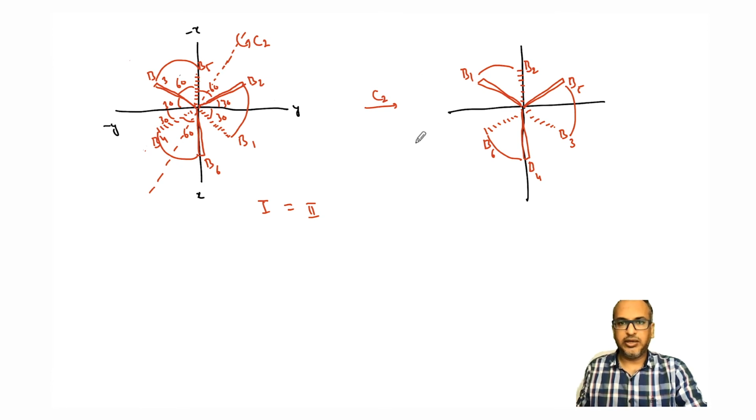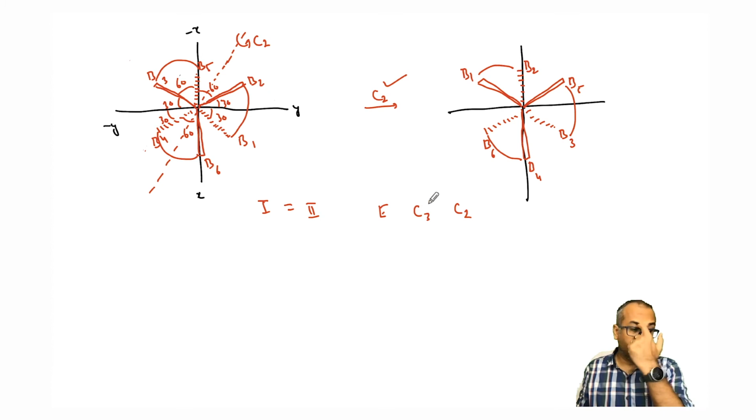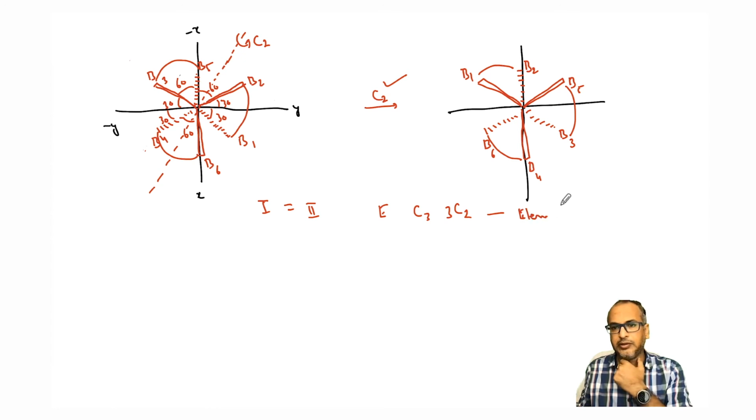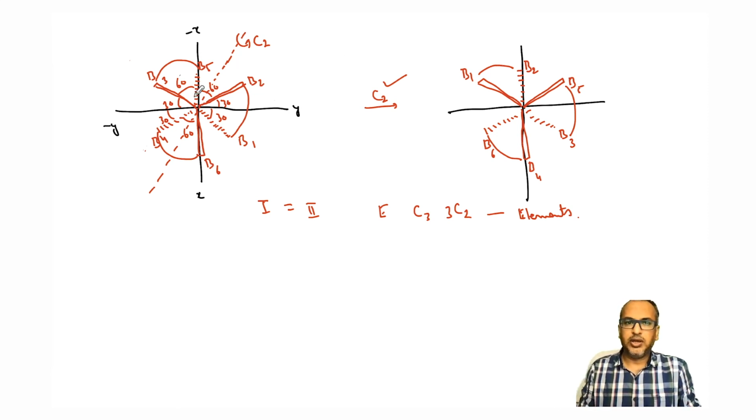C2 will be existing. So the only elements in this particular case will be E, C3 and C2, and there will be one such C3 and 3 such C2 elements. We can of course find out the number of corresponding operations, but we can see that there are 3 such C2s. One is between minus x, y, minus y, x.